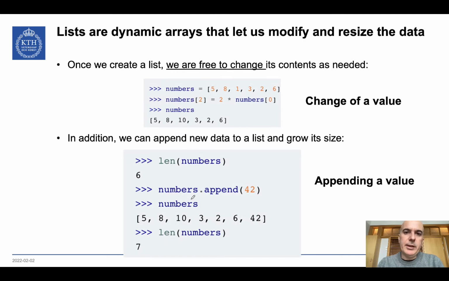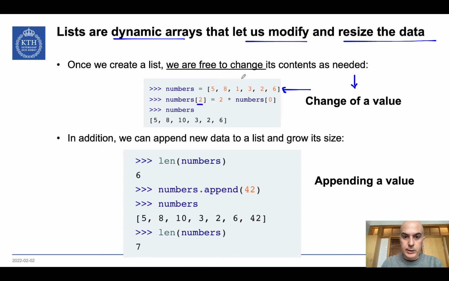As I mentioned in the previous lecture, lists are dynamic arrays that have basically two features that are shown on these slides. First, they are dynamic arrays that allow us to modify and resize the data. So for the first characteristic, on the top we have a list with this array, and then we modify one of the elements.